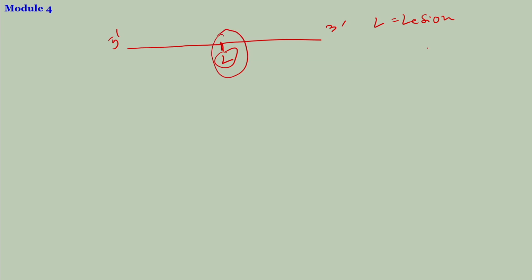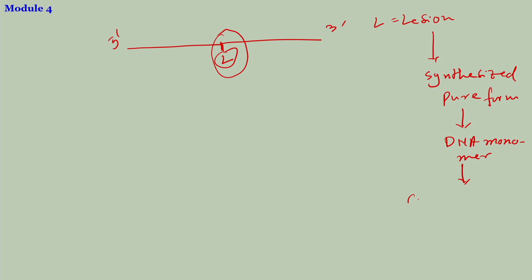So, you can synthesize a lesion in the laboratory in pure form and then convert it into a DNA monomer and then construct a DNA, this.